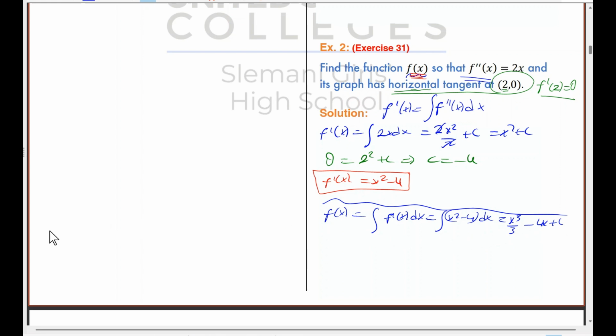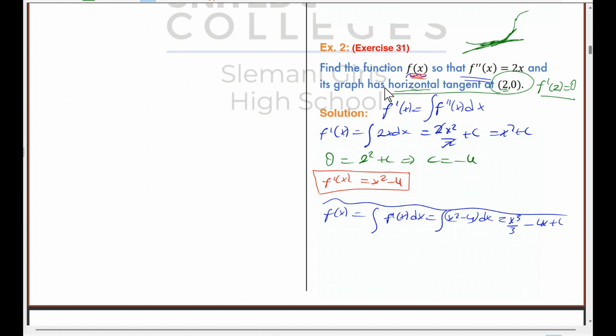What is the point? The point is actually the same point, because if there is a function that has a horizontal tangent line at (2, 0), then the original function is also passing through this point.